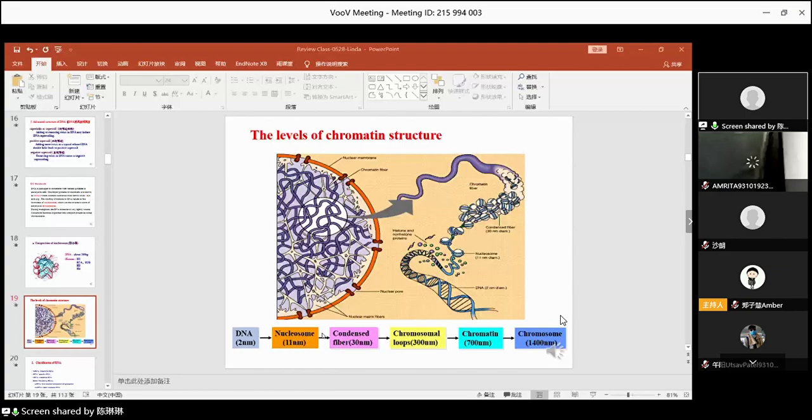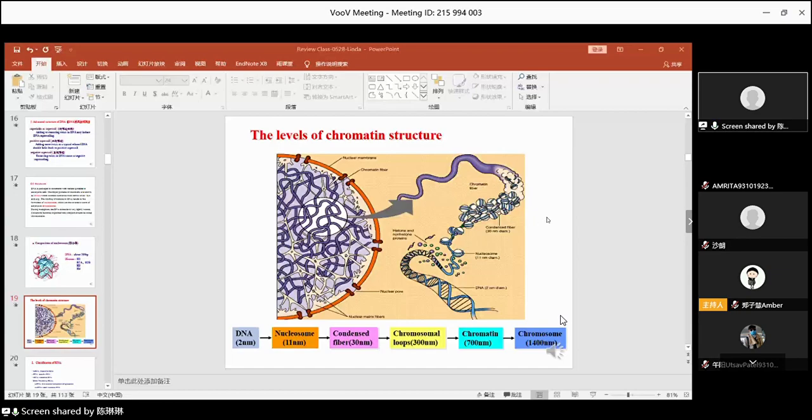And then the various nucleosomes can form the condensed fiber about 30 nm, and then it can be condensed to the chromosomal loops about 300 nm, and then to the chromatin, and then lastly to the chromosome. So this is the levels of chromatin structure. And also, I may give you some single choice questions in this part.